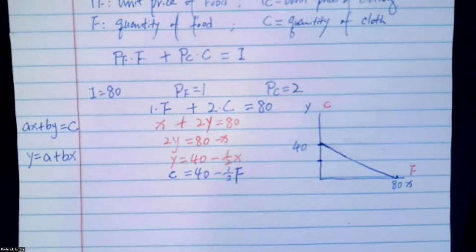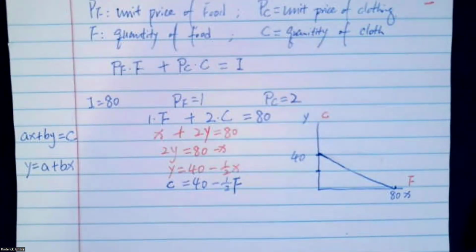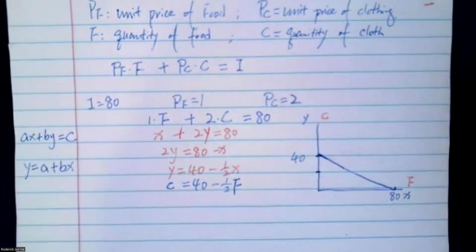But before getting into that, let's look at another 2 convenient points, which are the so-called endpoints. So let's look at the first point, the y-intercept. What is the y-intercept?